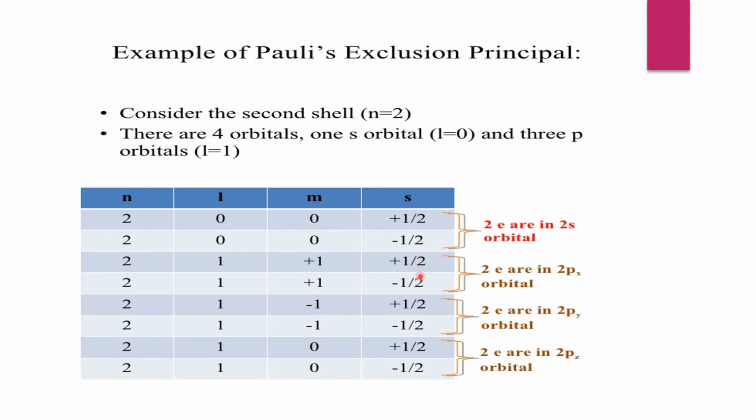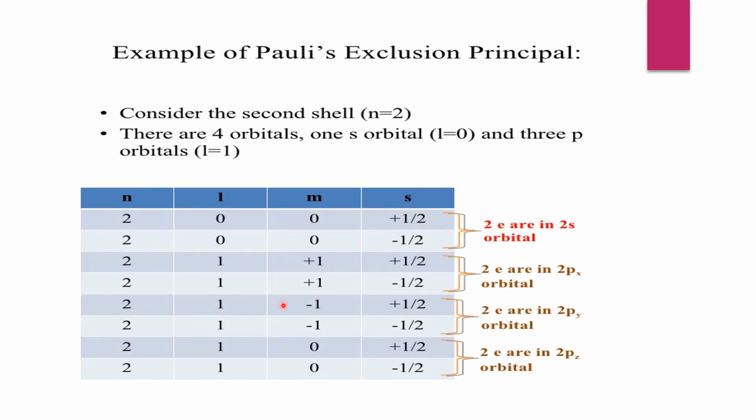Now see the p orbital. In this p orbital, 3 subshells are present, px, py and pz. Now when you take px, it can have 2 electrons. Again, they differ in their spin quantum number. The same way, when you take py, the n value of py is 2 and its l value is 1.